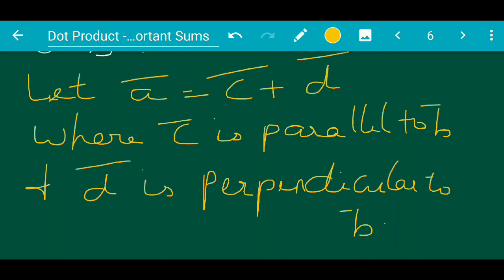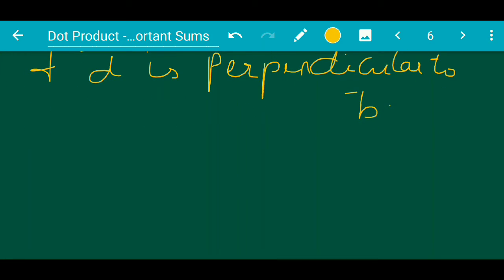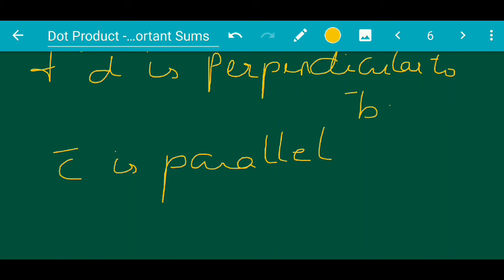Now let us take the first case. c bar is parallel to b. And you know that when two vectors are parallel to each other, one can be expressed as a scalar multiple of the other. So we are going to use that particular fact. Since c bar is parallel to b, we can say that c bar is equal to m b bar, where m is a scalar.